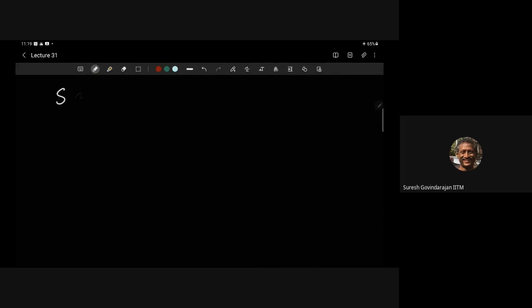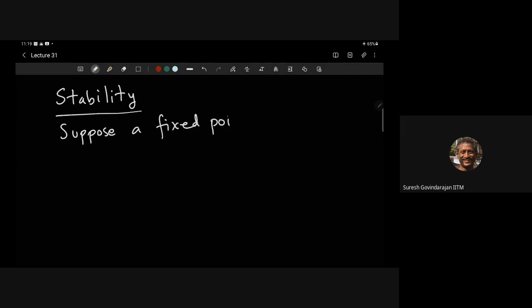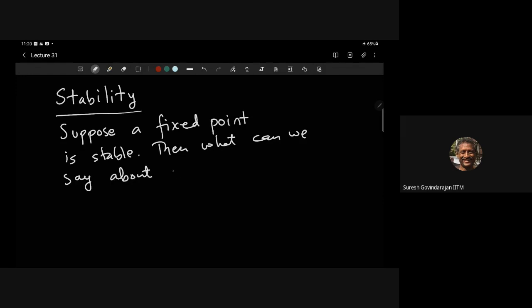Let's come back to the issue of stability. So what is stability? Suppose a fixed point is stable. Then what can we say about omega I square?